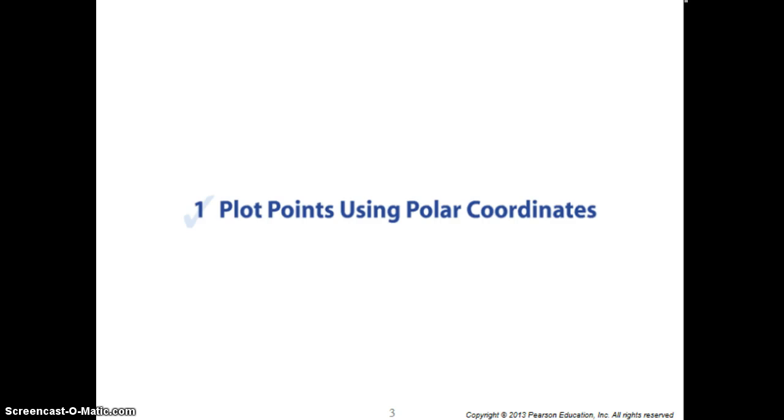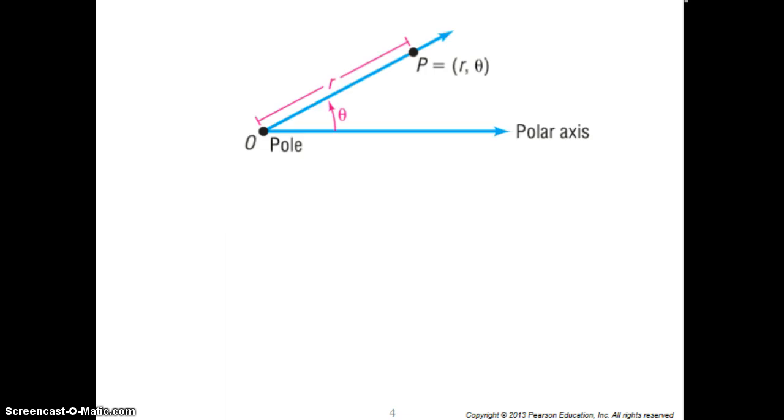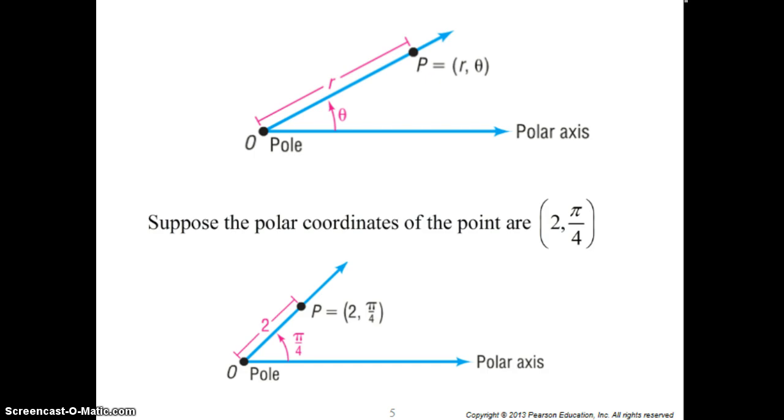I'm going to explain where these polar coordinates come from. If we are given that the polar coordinates of a point are 2 and pi over 4, remember your r is 2 and pi over 4 is your theta.